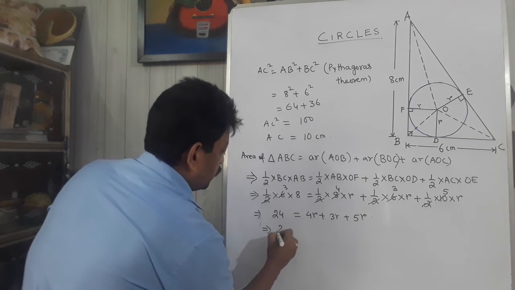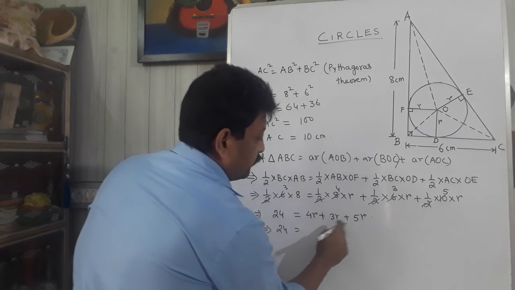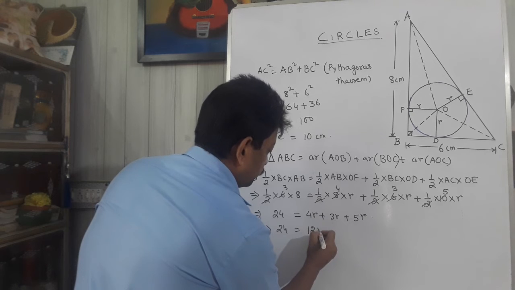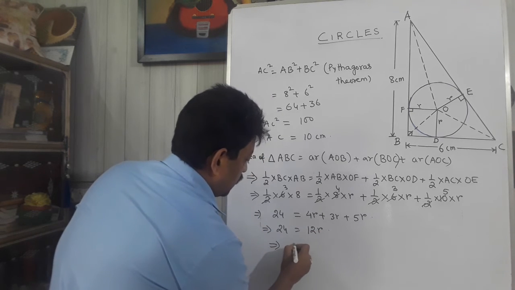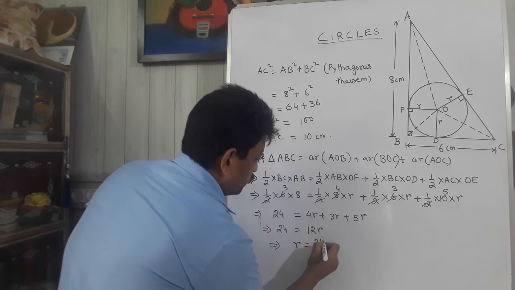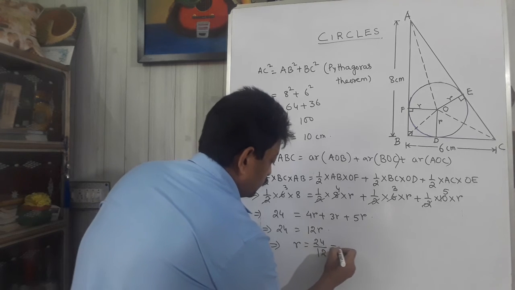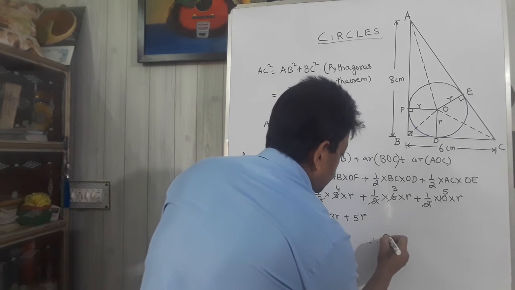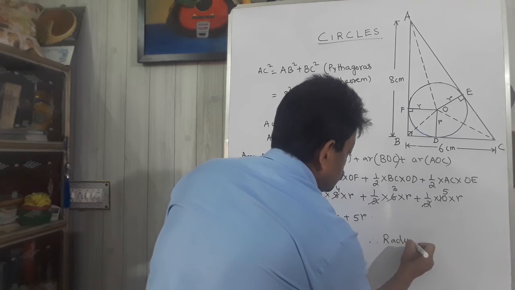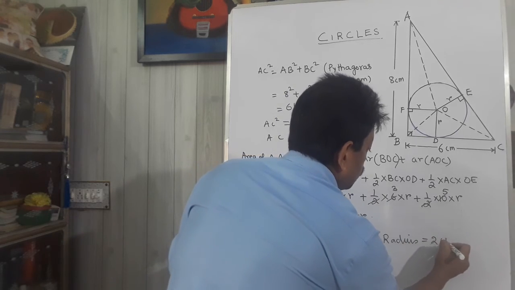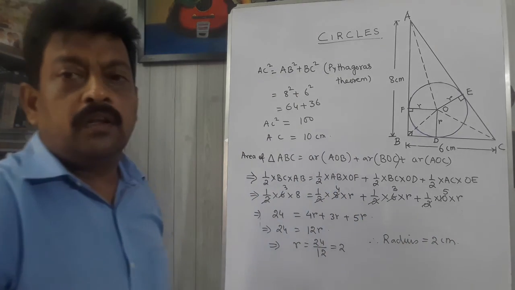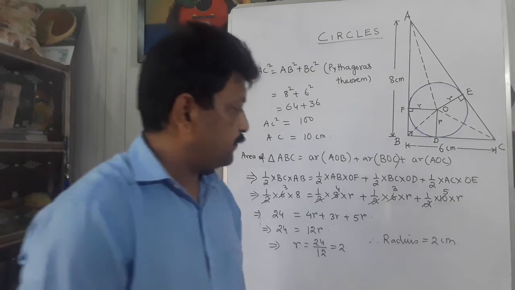Therefore 24 is equals to 4 plus 3 plus 5, 12R, or we can say R is equals to 24 upon 12, that is 2. Therefore we can say radius equals 2 centimeter. So radius of this circle is 2 centimeter.